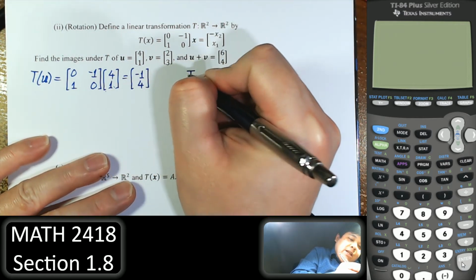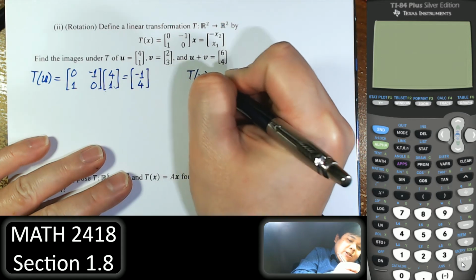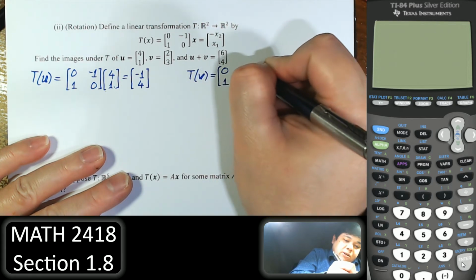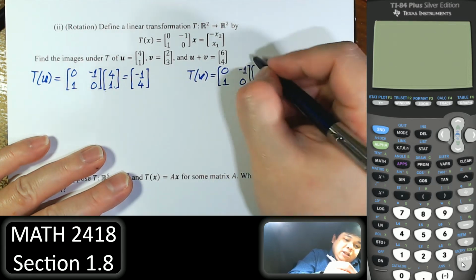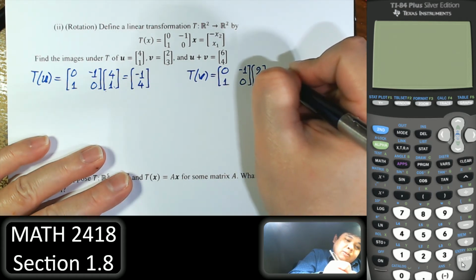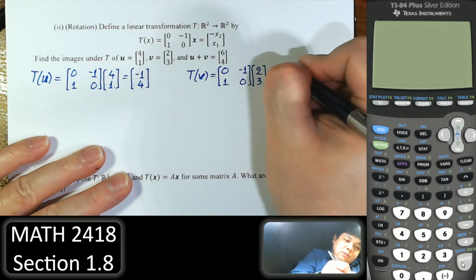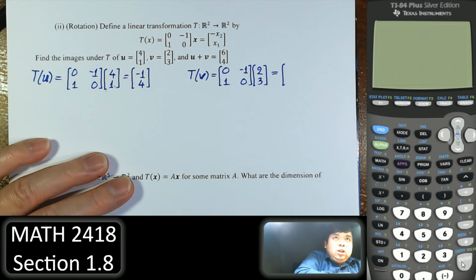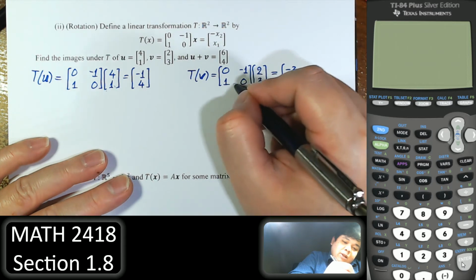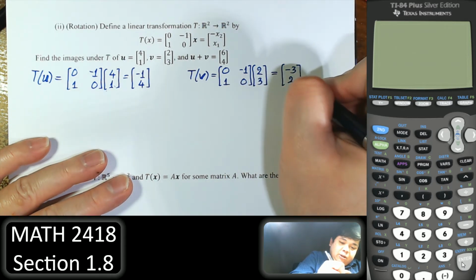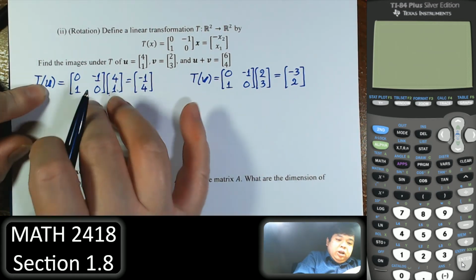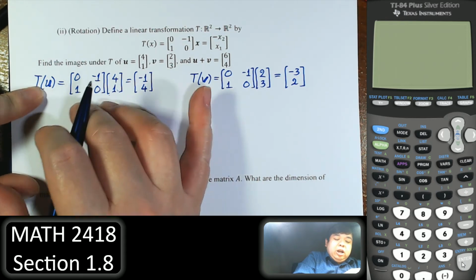And then T of v is the matrix (0, -1, 1, 0) times v. So what do we have? 0 times 2, so that's -3 and 2. Right, so that is the image corresponding to u, and the image corresponding to v.